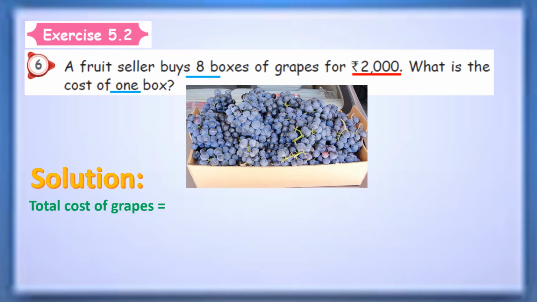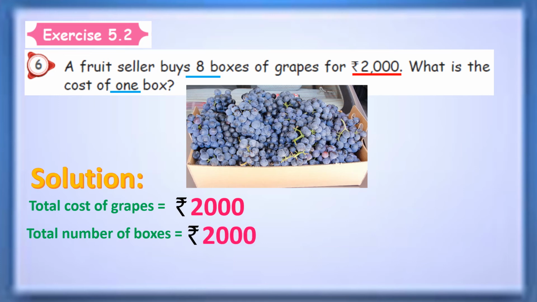So solution, total cost of grapes is equal to rupees 2000. Total number of boxes is equal to 8, isn't it? So rupees 2000 divided by 8. Let us do the cancelling method directly. It will be easy to cancel because 2000 is a round number.